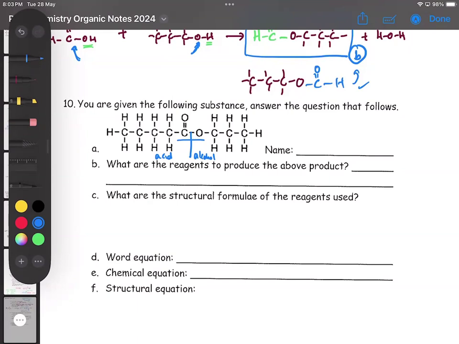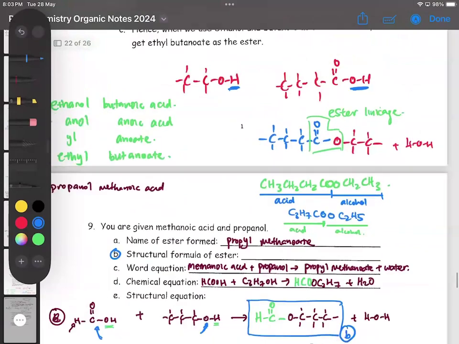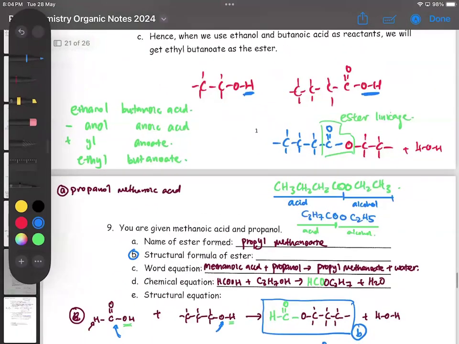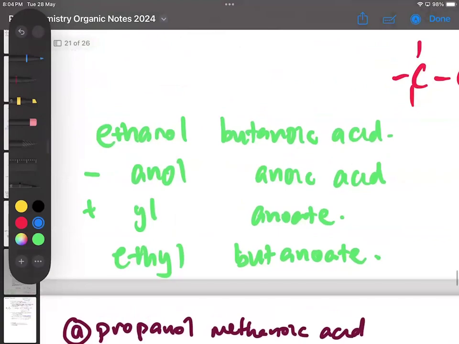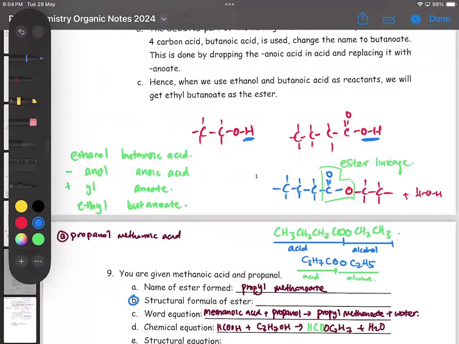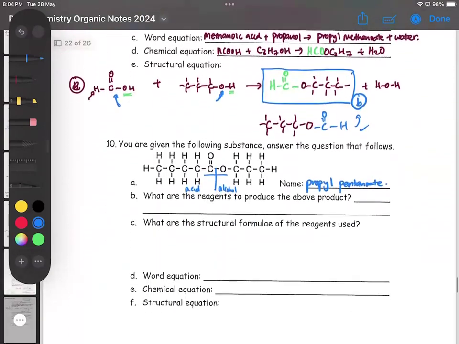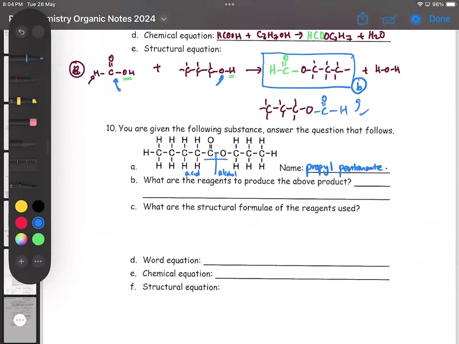As we see the naming of the alcohol, propanol, drop everything, then it becomes YL. So this is propyl. And then for the acid, we have 1, 2, 3, 4, 5 carbon. 5 carbon is pentanoic acid. So it will turn into pentanoate by dropping the respective components in your name. So we have pentanoate as the name of the ester.